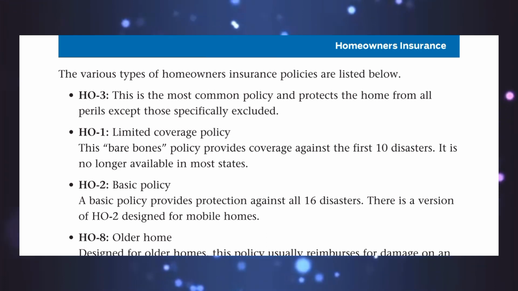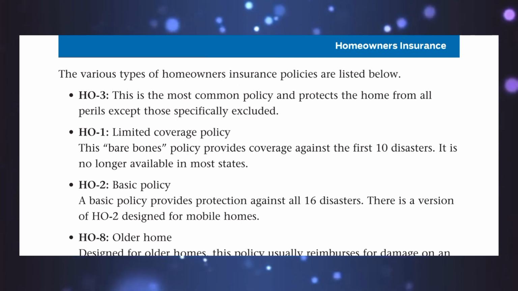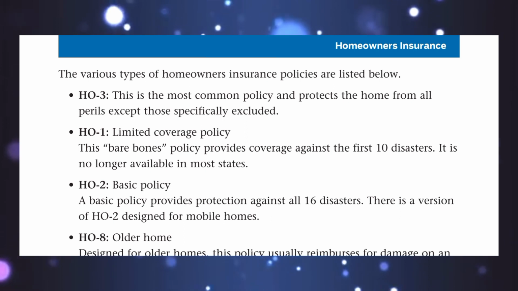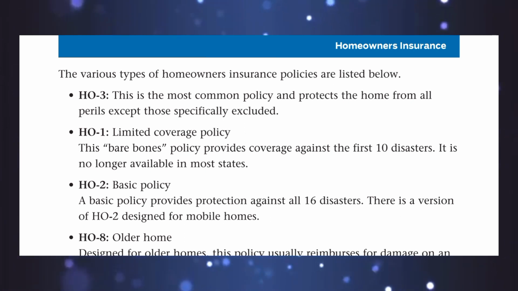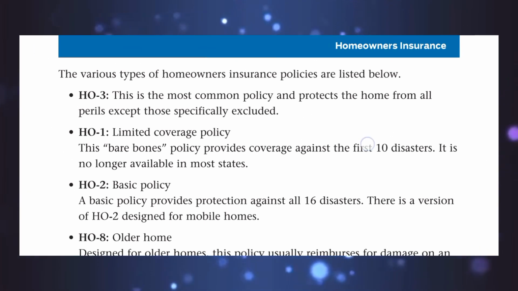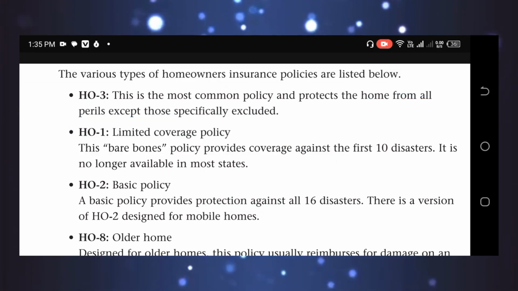The various types of homeowners insurance policies are listed below. HO3. This is the most common policy and protects the home from all perils except those specifically excluded. HO1. Limited coverage policy.